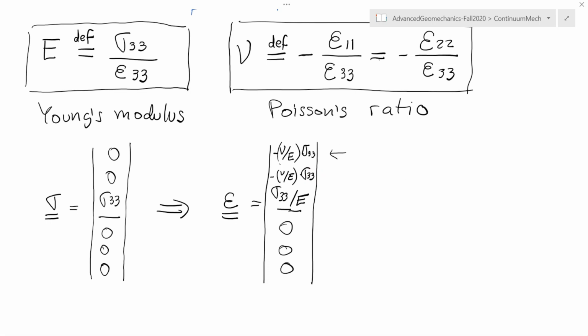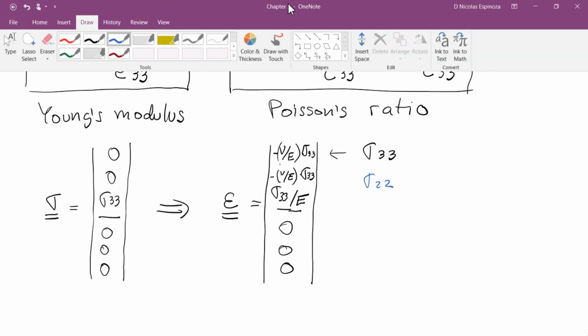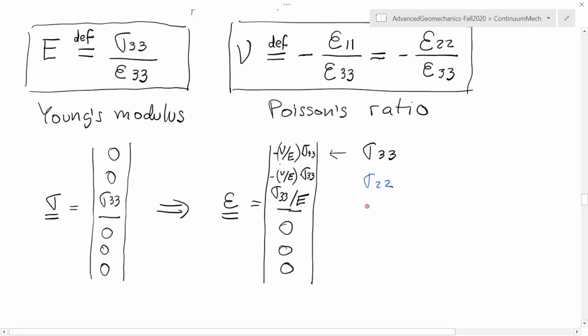So now I see that my strains are just a function of sigma 3. And I can use this analogy, and instead of just working with sigma 3, I could expand the same thing, following the same procedure, to what would happen if I apply a stress sigma 2, and what would happen if I apply a stress sigma 1. And the result is going to be the following.